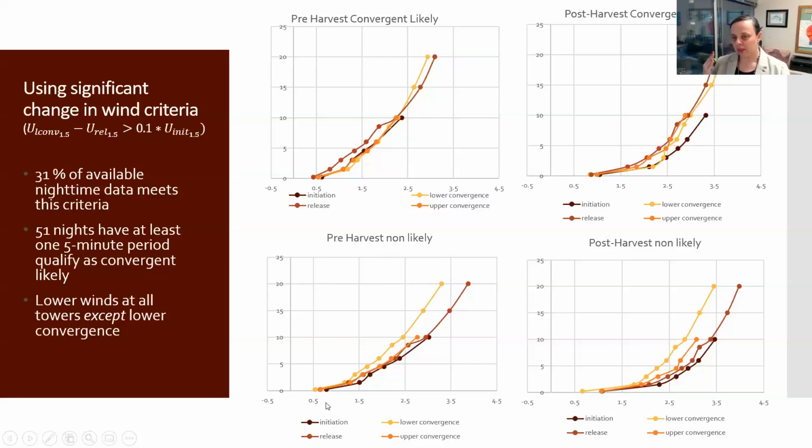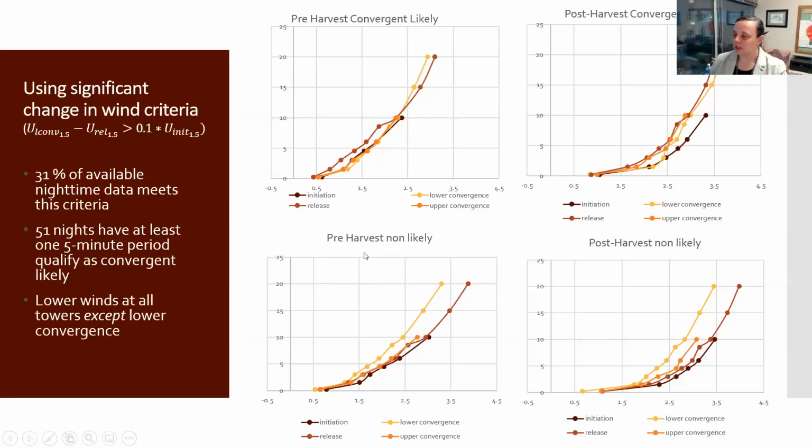Periods of time where the wind is too strong, or the gully is not steep enough, or whatever is not allowing drainage to set up in any capacity. And then the same for post-harvest here.